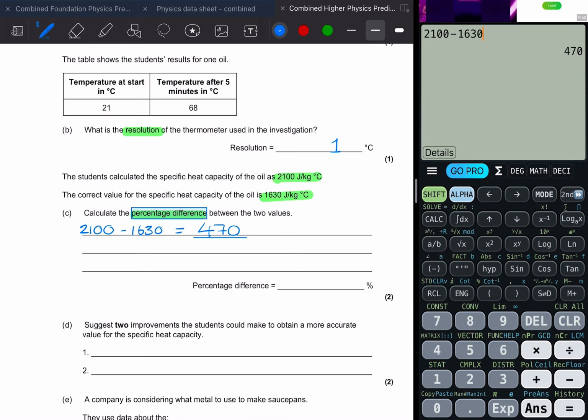So in order to get the percentage difference, we'll use this difference against the correct value. So like with any percentage, we want to try and get a number or a decimal when we do our division that's less than 1, and our full number should be less than 100%.